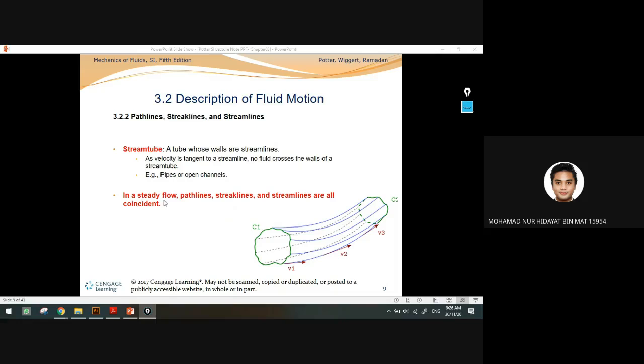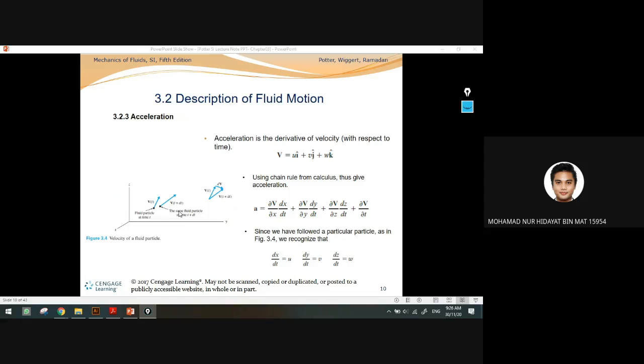So in a steady flow, the path line, straight line, and streamline are all coincident. That means all are in the same direction. That is only valid for steady flow. If you talk about unsteady flow, it will be a different case.